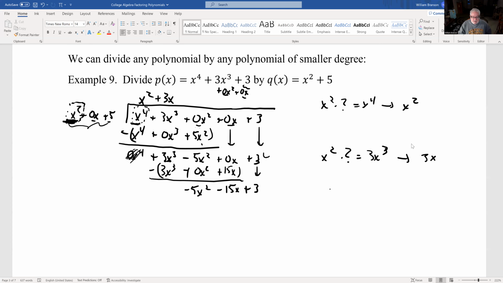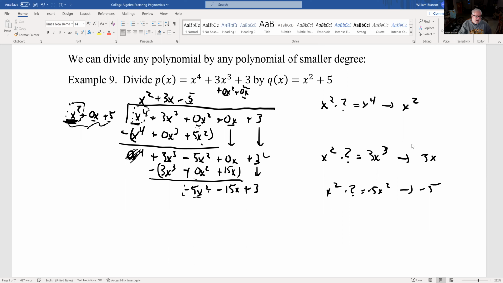Great, so what do we do with this line? We're still thinking about this x squared, the leading term there, and we want to know what do we multiply x squared by to get this term? X squared times what is minus 5x squared? We multiply by minus 5. So we put the minus 5 up here.